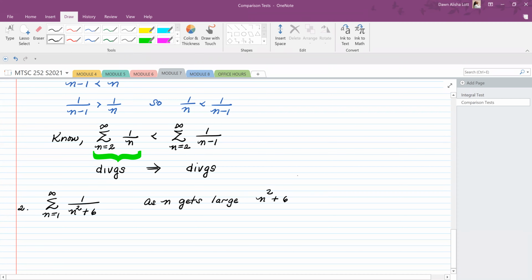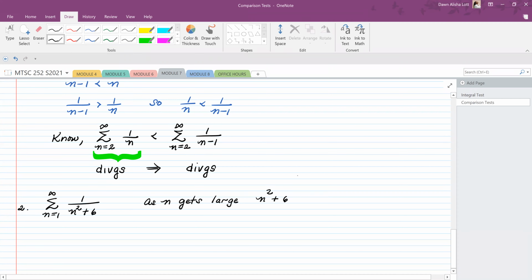If I compare, this then means that this series, the summation n equals 1 to infinity of 1 over n squared plus 6, kind of looks like the summation n equals 1 to infinity of 1 over n squared for large n. Because n squared plus 6 kind of looks like n squared, so 1 over n squared plus 6 is going to look like 1 over n squared.